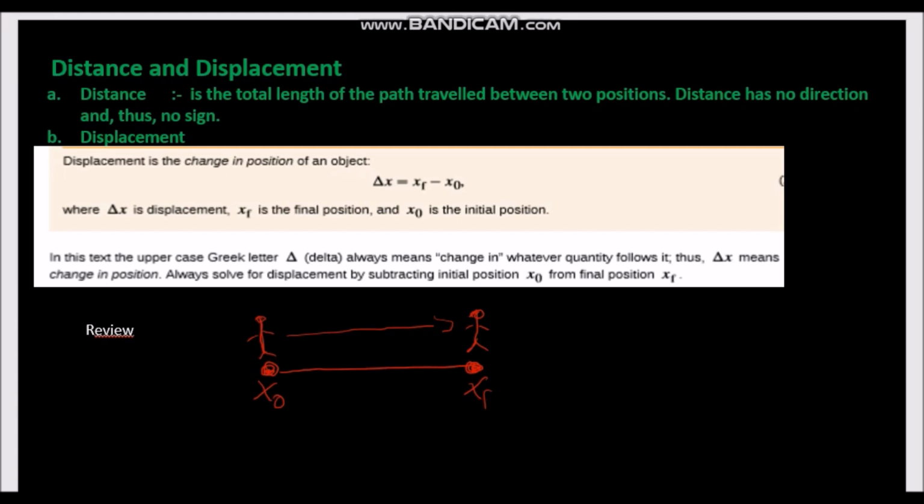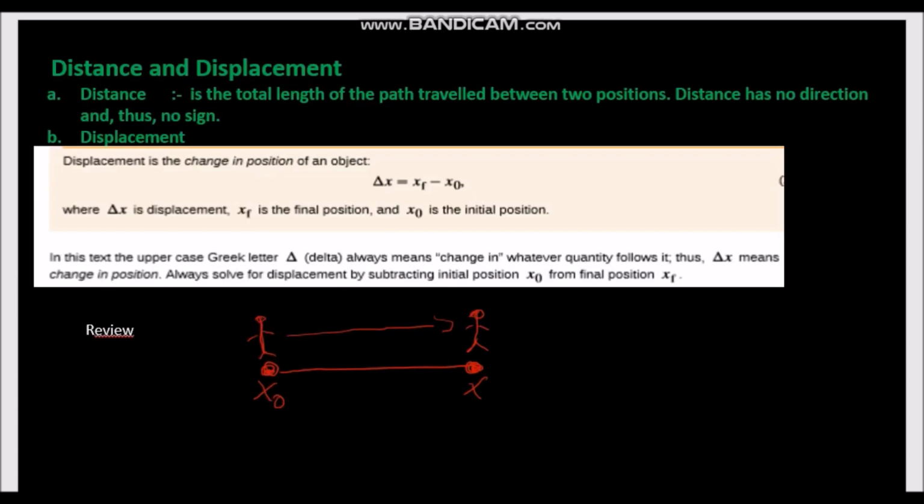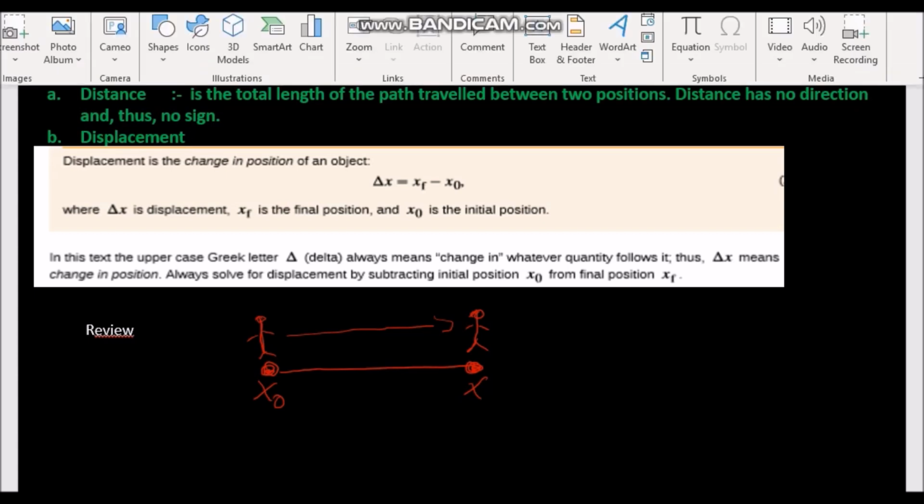On the other hand, let us see a brief review about distance and displacement by comparing them. Let me insert the one.